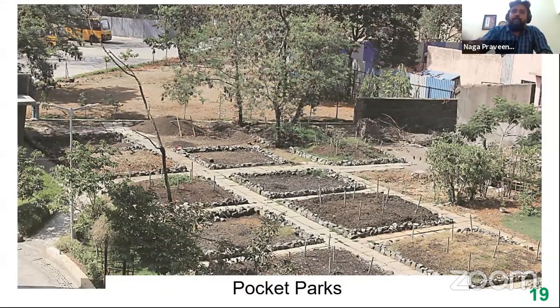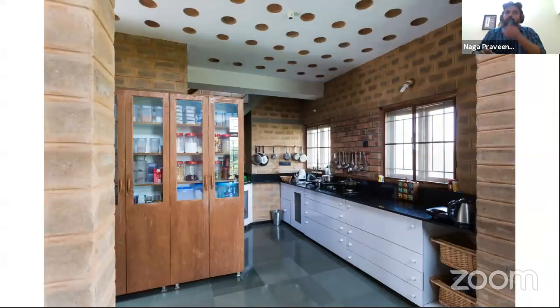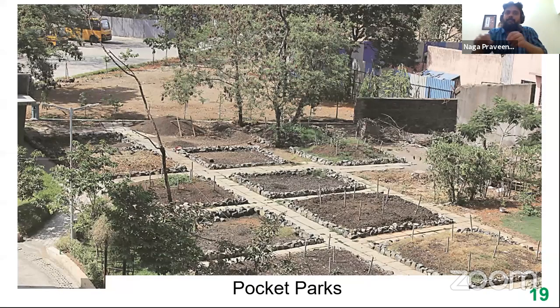So the kind of practice here is that it doesn't stop with your own compound walls. All the ideas are not restricted to your compound wall, saying, let me stop all my ideas or sustainable techniques only at my compound wall. They actually travel into your community spaces as well. So if there is a green empty pocket in the locality, they start turning that into pocket parks, which can be used by the community.